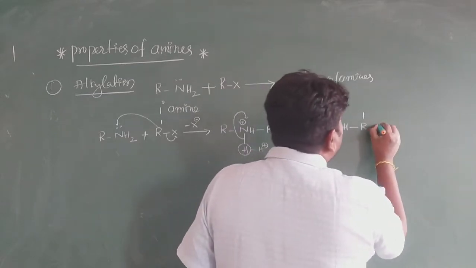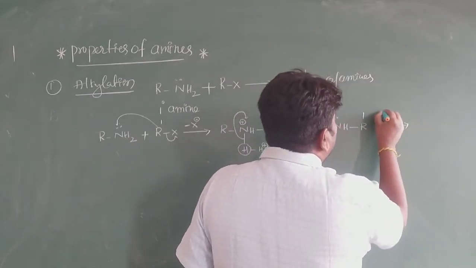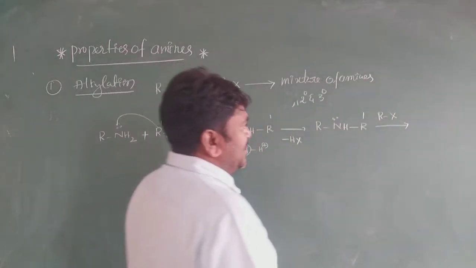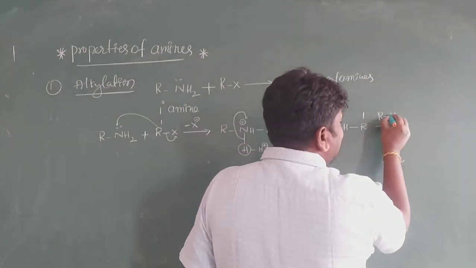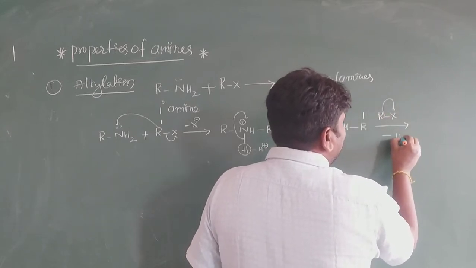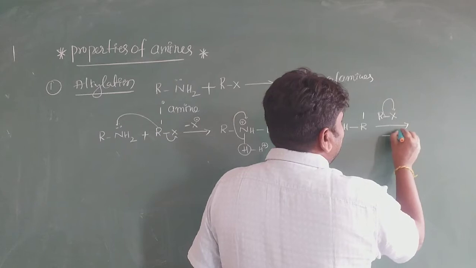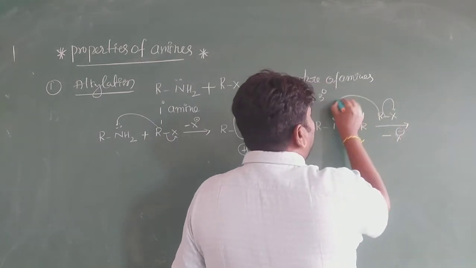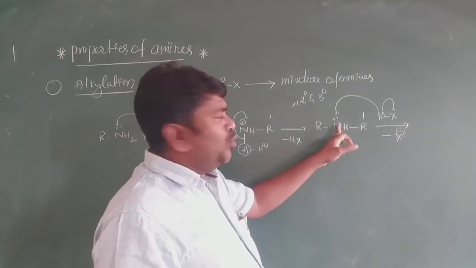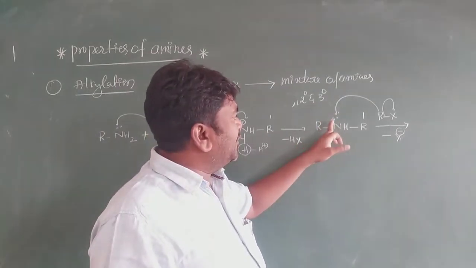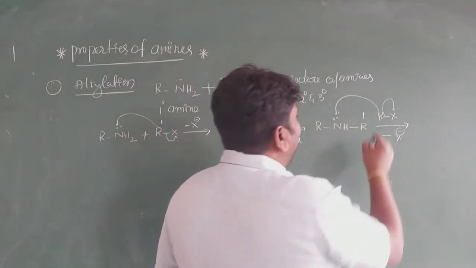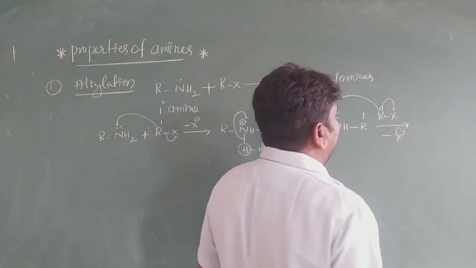Next, it again reacts with RX. My dear students, this X is eliminated as these two electrons are gained by it, X minus. This group attacks here only. Same thing, I told you, these two electron pairs are utilized for the bond formation between nitrogen and R double dash, for the sake of difference.